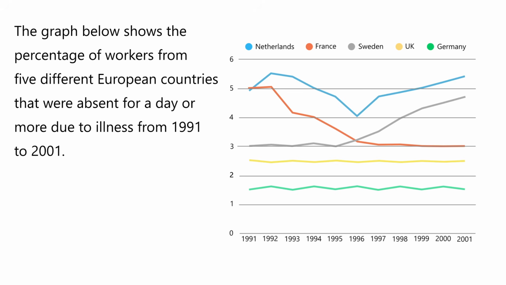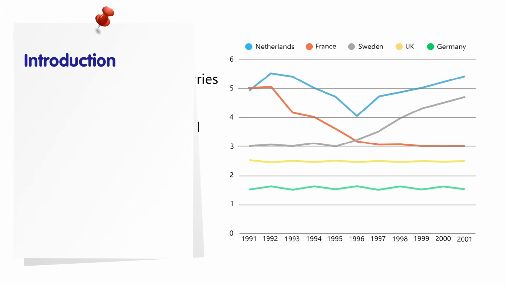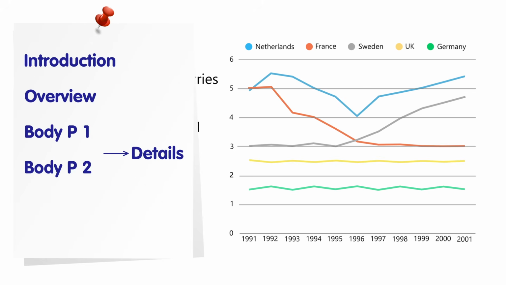So the most important thing here is, first of all, you know that the first paragraph is introduction, and the second paragraph is overview paragraph. And the rest will be about writing the details, right? Now, it's important to categorize data here. So are we going to have 2 paragraphs or 3? Here, actually, I'm going to have 3 detailed paragraphs, all right?